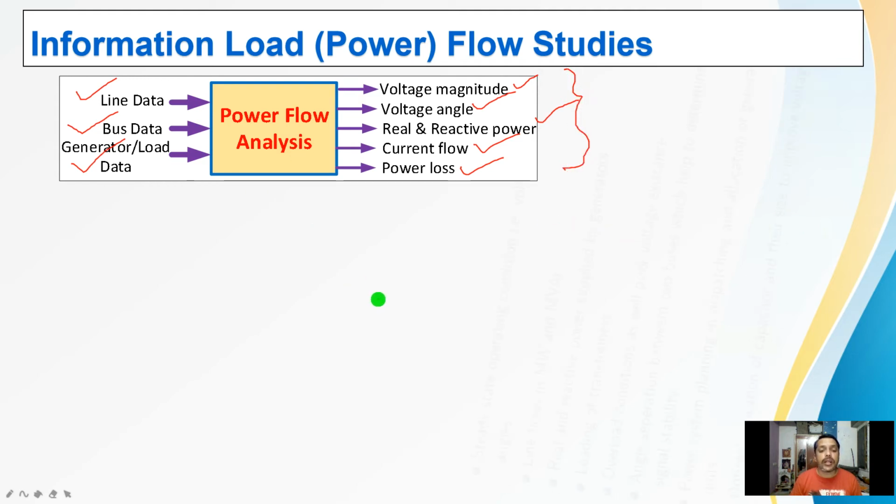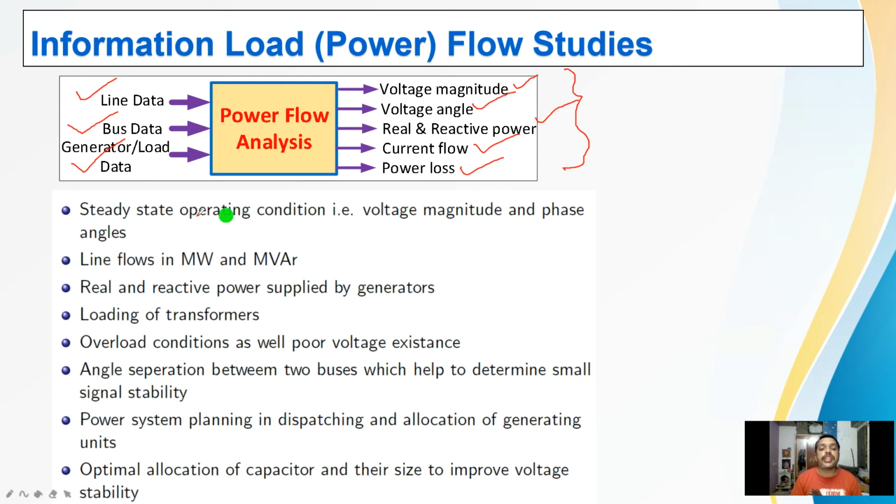So let's see what information we are getting. The steady state operating point, obviously it gives the voltage magnitude and phase angle. It gives the line flow. So what is the power transmission through the lines? Suppose this is a two bus system, interconnected by two buses. Let this be another generator over here, and let there be local load points at this end and this end also.